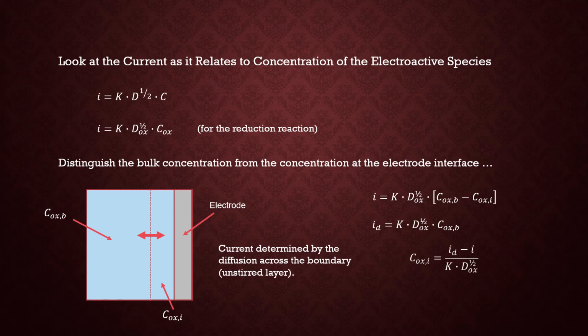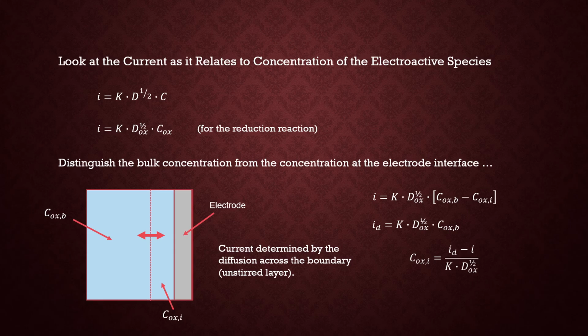Okay. If I rearrange these two equations and solve for the concentration at the interface, which is what's going to be used in my Nernst equation, I get the following. I've substituted and pushed around the top equation using the relationship at the bottom.